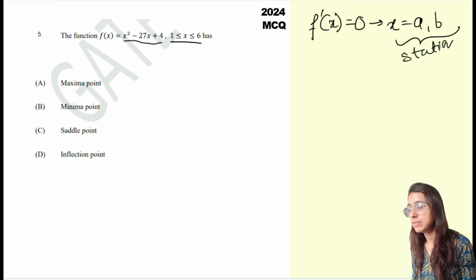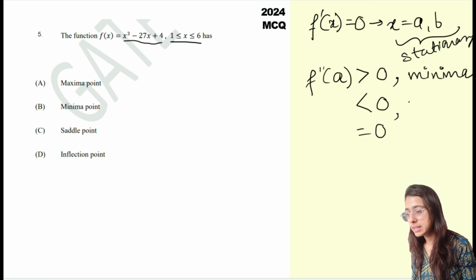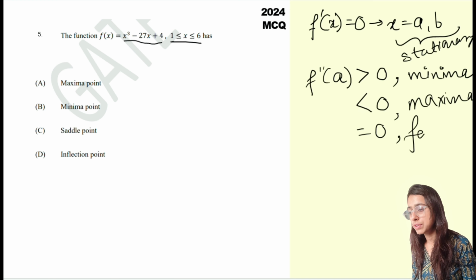Now after that we will take second derivative at the stationary points and we will see whether we are getting function to be greater than 0, less than 0 or equal to 0. If this is greater than 0, then we will say that we are getting the minima point. Then here we will get maxima and here we will say that this test fails.